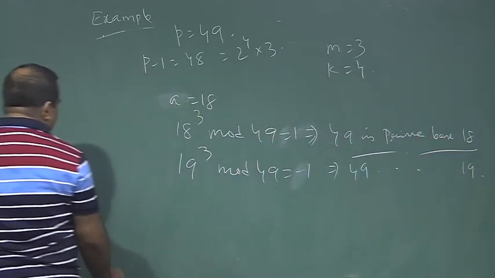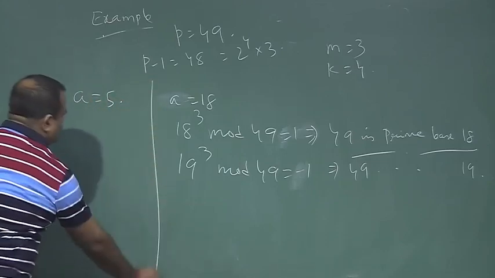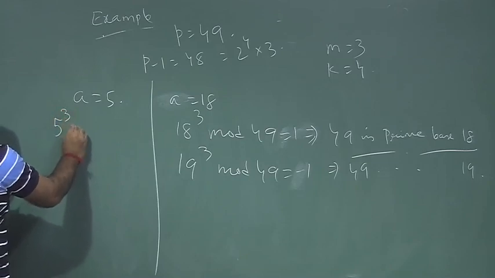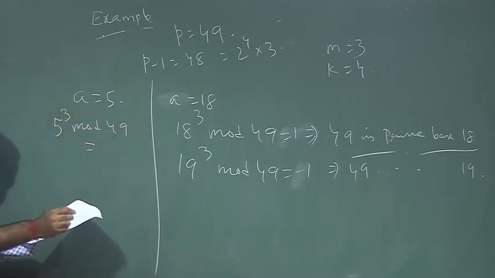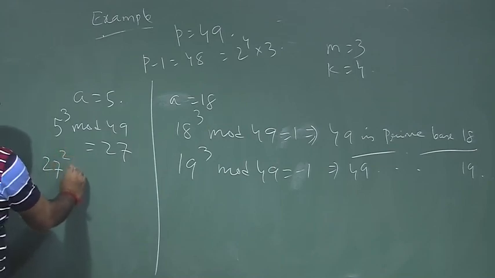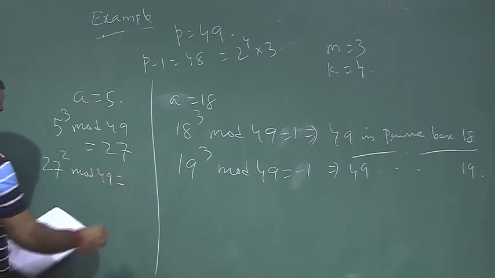Now, if we choose a equal to 5, then we compute a to the power m mod 49. This is our b, which is 27. Then we compute 27 square mod 49, which is 36.